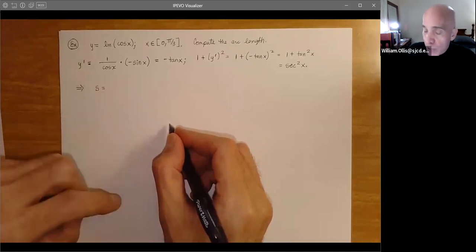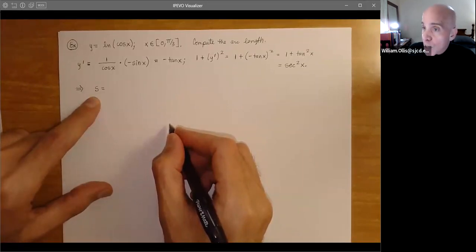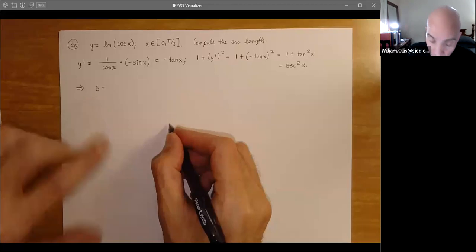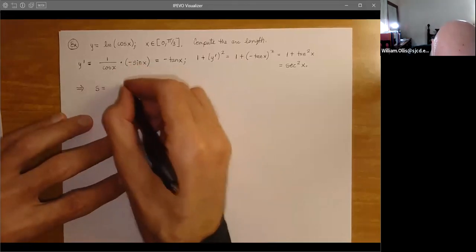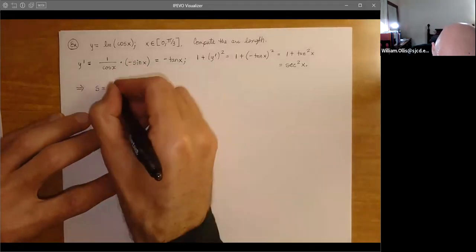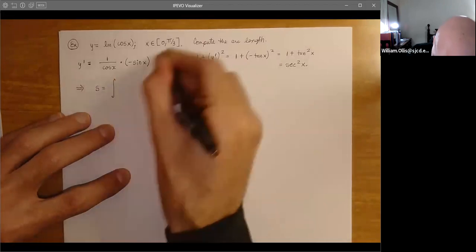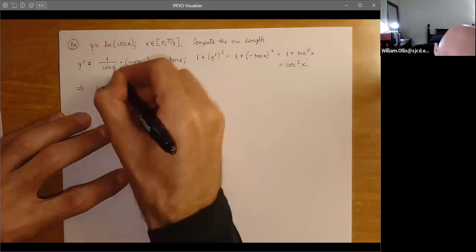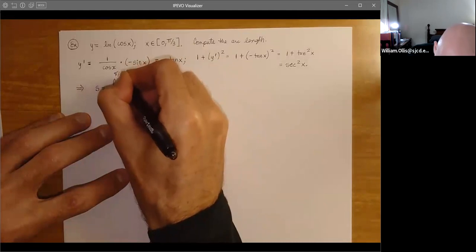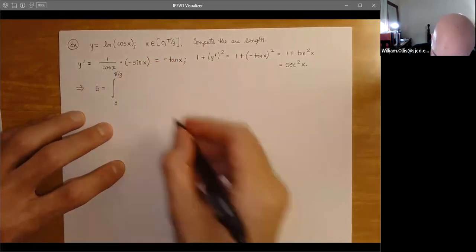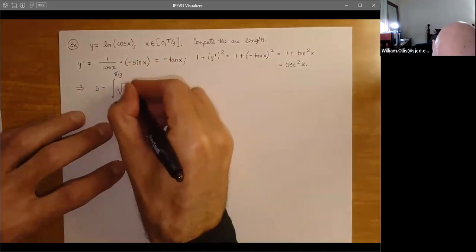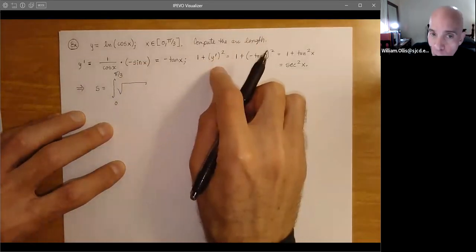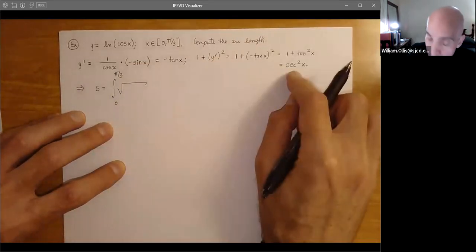You can just write out arc length, but you will see the lowercase s and uppercase s in your WebAssign and in your book. So now we can say, all right, well, we have the integral from 0 to pi over 3. So it's like doing the ladder problems, lots of arithmetic, and we have the square root of 1 plus y prime squared, which we've computed to be secant squared.